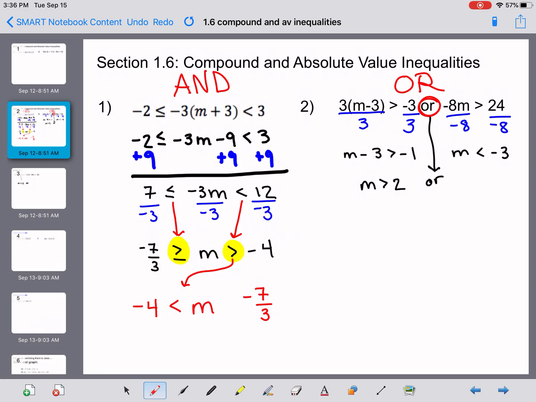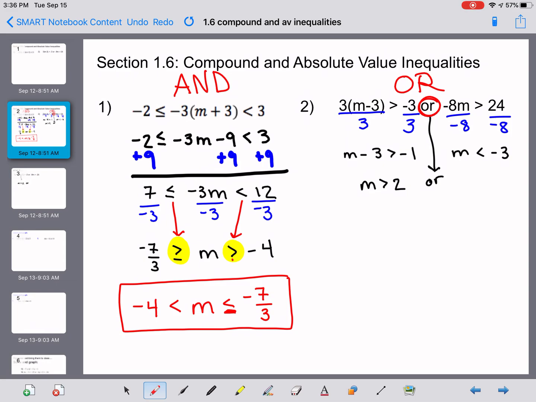This symbol is now going to come over here and it also flips. So make sure that your equal to sign is still with the -7/3. So this would be my final answer. Smaller number on the left, larger number on the right. And that's an and inequality.